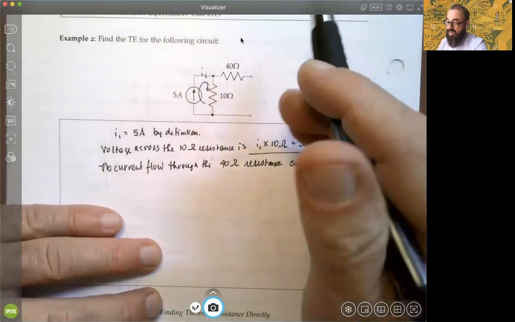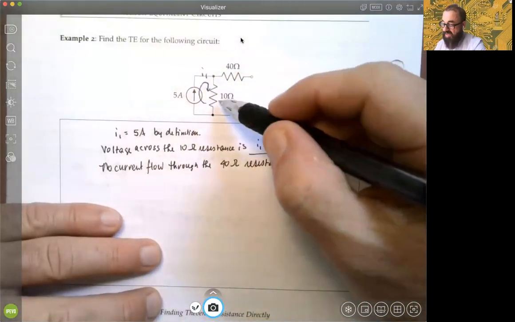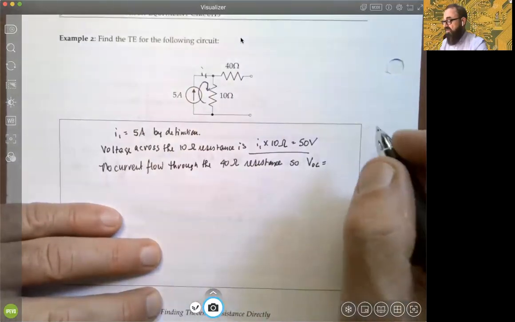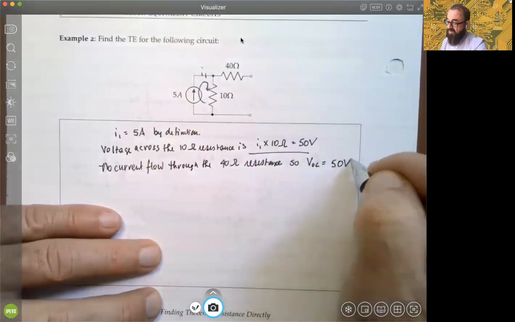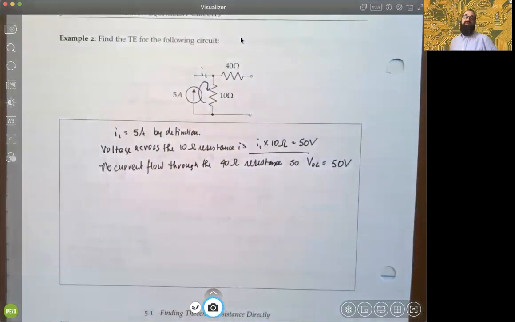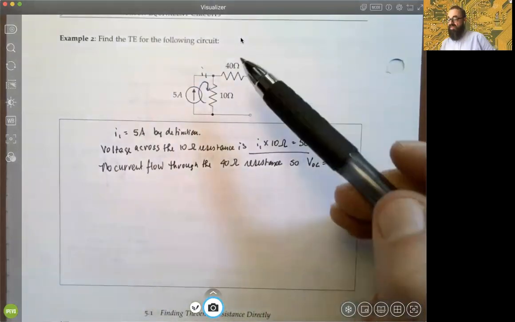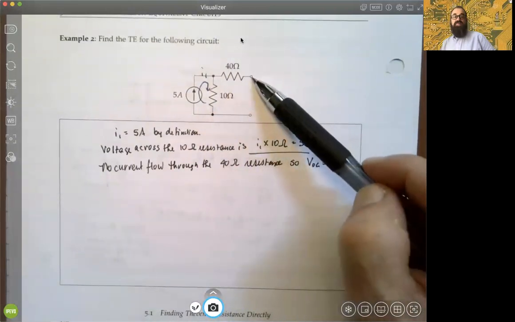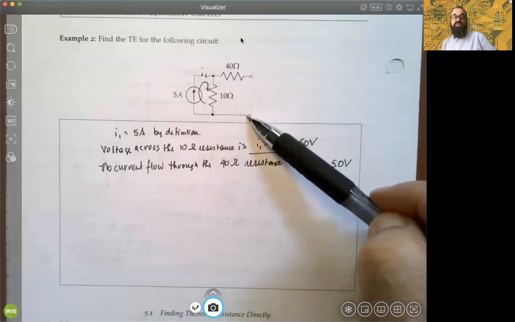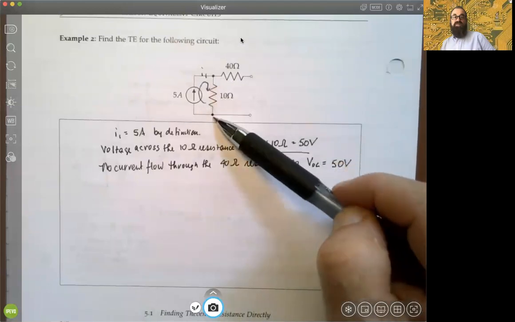So it's almost like, end to end, this voltage has to match the voltage through the 10 ohm resistance. So therefore, that has to be 50 volts, okay? It's the same argument we made in the other problem, right? So this has been rendered useless, and so it's just end to end. The voltage across these two terminals must be the same as the voltage across those.